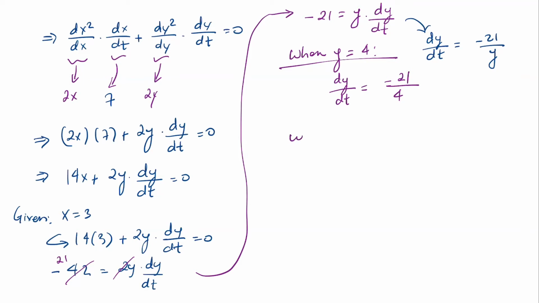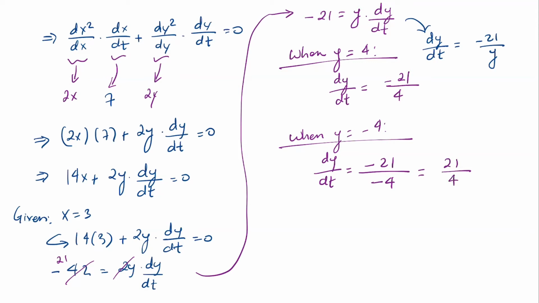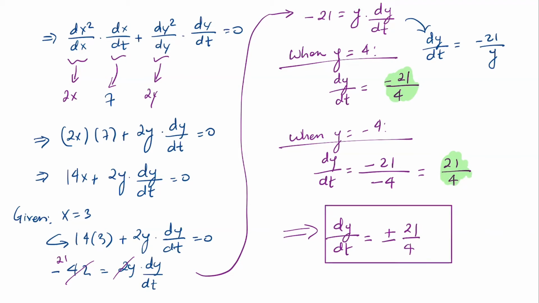Similarly, when y equals negative 4, dy over dt equals negative 21 divided by negative 4, which gives us a positive value for dy over dt, which is 21 over 4. So this is our negative value, and this is our positive value. Finally, in one line, we can say the value for dy over dt equals plus and minus 21 over 4. Okay, so that is about finding rates.